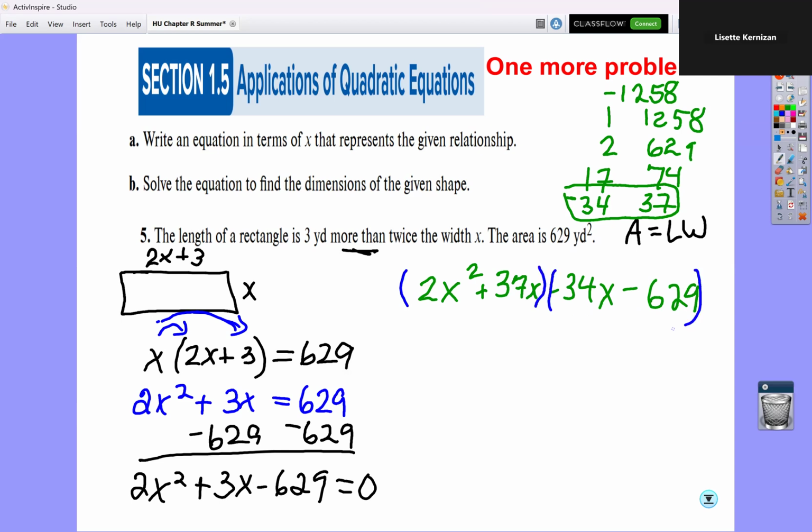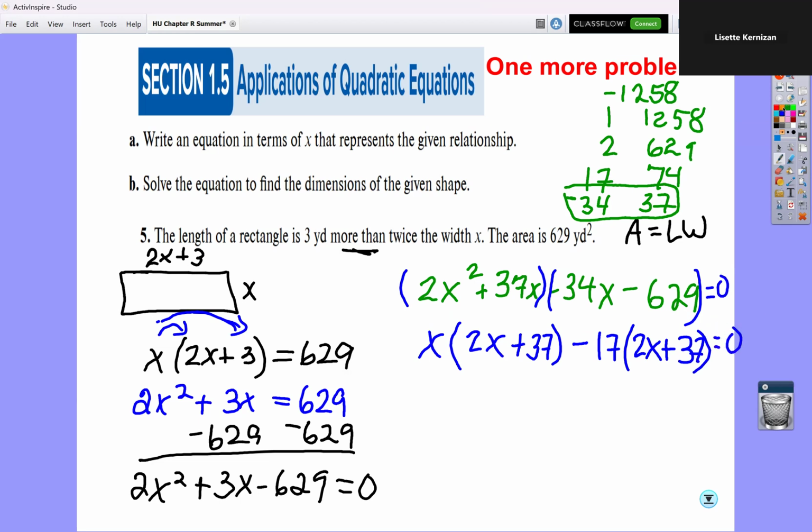So I see that I have a polynomial here, so I'm going to factor out an x, and that leaves me with 2x plus 37. And then here I can factor out a negative 17, and that also is going to leave me with 2x plus 37. And this all equals 0.